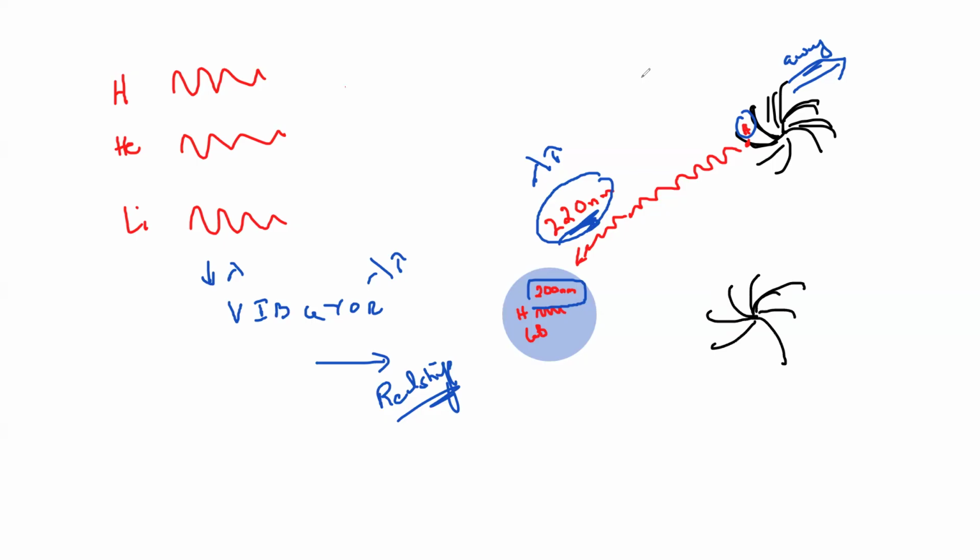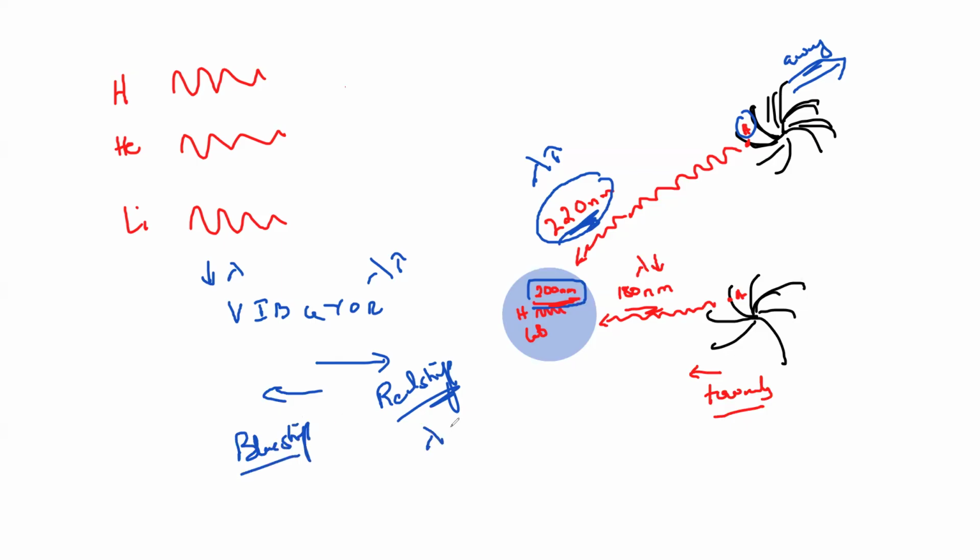For example, we are observing hydrogen on another galaxy or star, and we find that the wavelength which we receive is 180 nanometer. Expected, because of hydrogen in the lab, is 200, but the wavelength is shorter than what we expect. This gives an indication that this object is moving towards us, and we call that a blue shift.